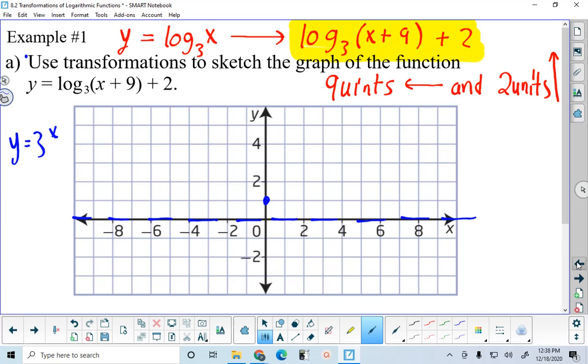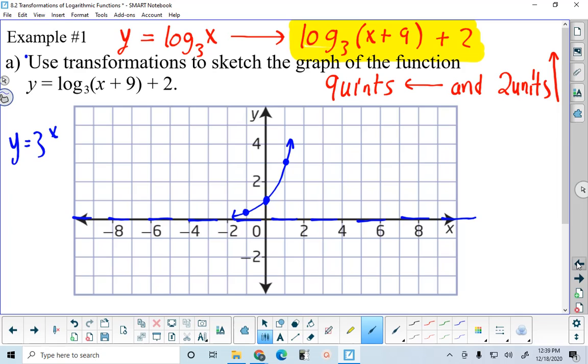So when x is 1, y becomes 3. When x is 2, y would be tripled again, which would be 9, but I can't fit 9 on there. If I go 1 in the opposite direction, y gets divided by 3. So these 3 dots represent what y equals 3 to the x looks like. And that's good enough for what we're talking about here.